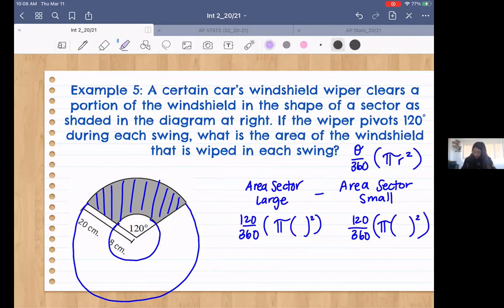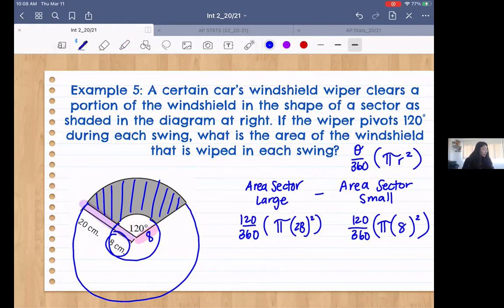Our r value for our first large sector is actually this whole entire thing. So notice that it's a 20 and an 8. So in total, I have 28 as that piece. But for the other piece, we don't have both of them together. We just have this little section right here, which you should know is 8. So this side is 8.